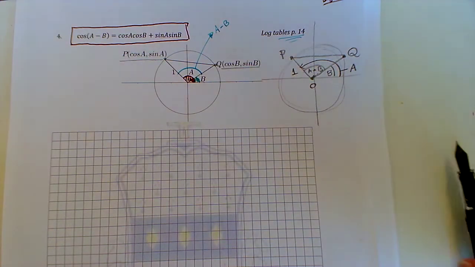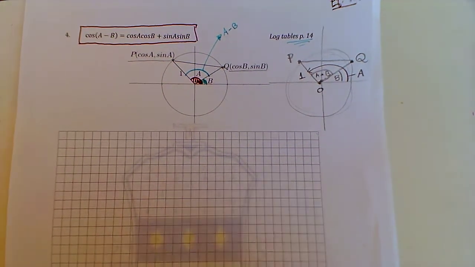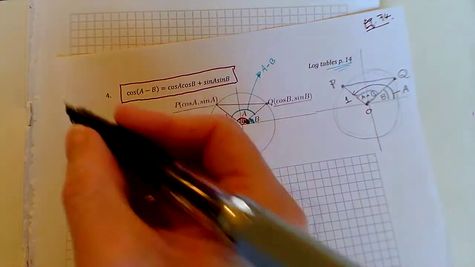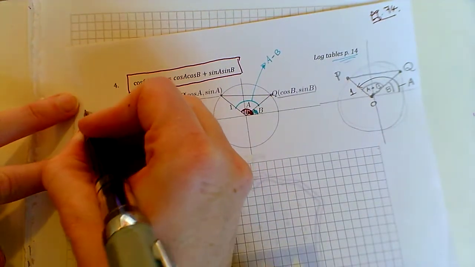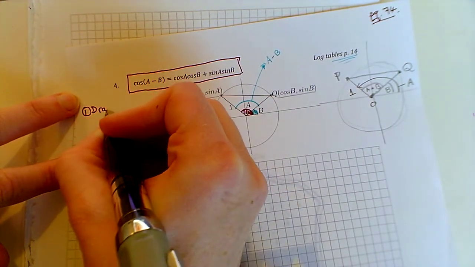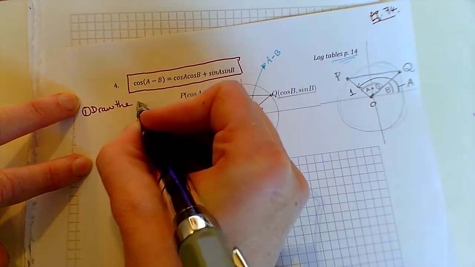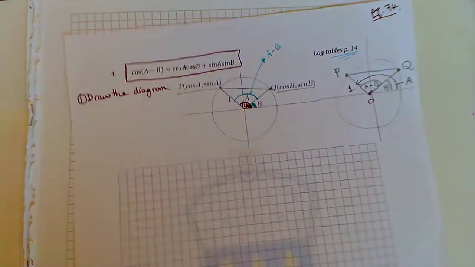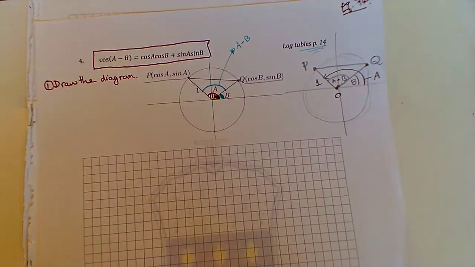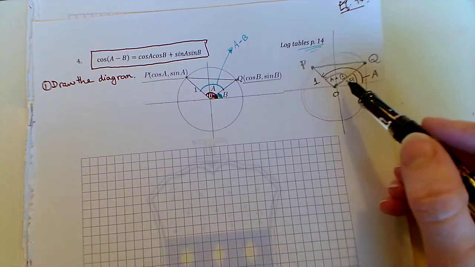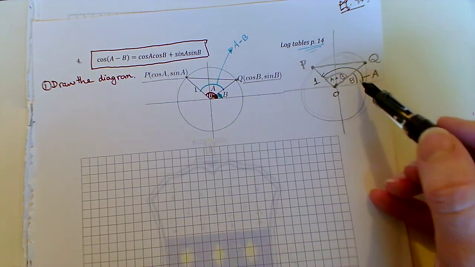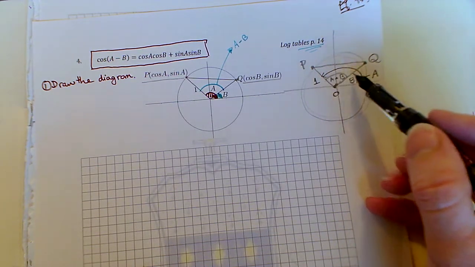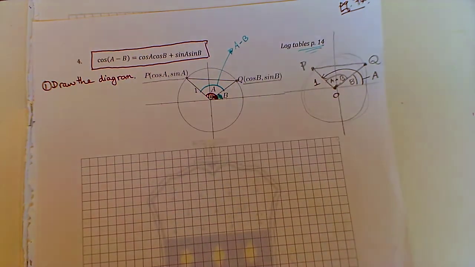So a quick summary of how we do this proof. The first thing is that we need to be able to draw this diagram. Draw the diagram. And you might make a few notes for yourselves when you're going over this about how you would remember to draw that diagram. A triangle inside the unit circle, gone through an angle B with A minus B in the middle here like this.